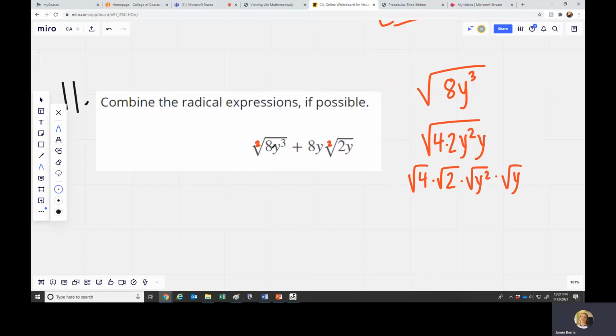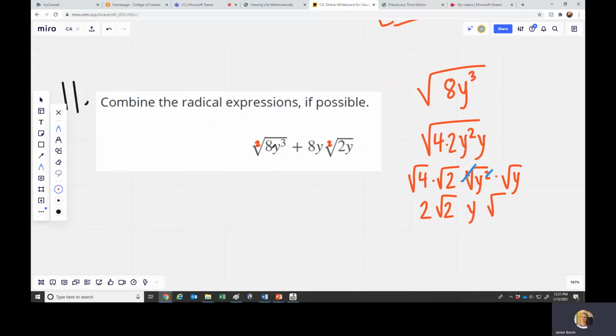Notice I just put each little piece inside of its own radical. The square root of 4, we know that's 2. Square root of 2 can't break down any further. Here we have a square root that is being squared, so they cancel each other out. That just leaves you with y.